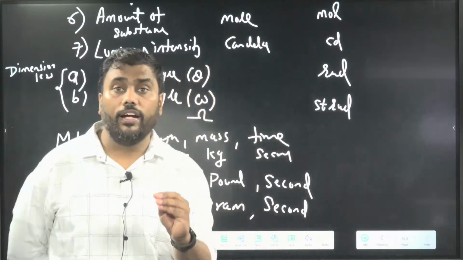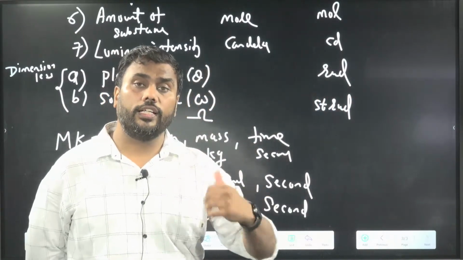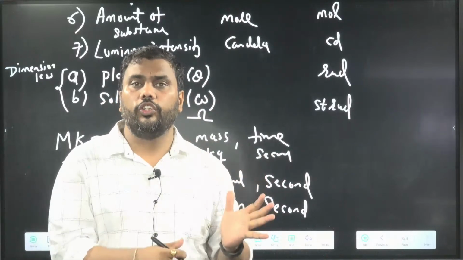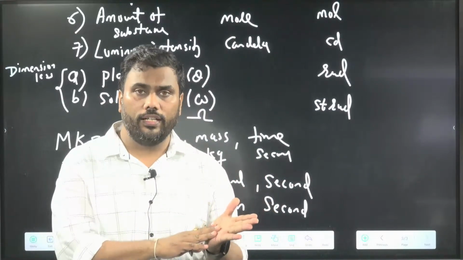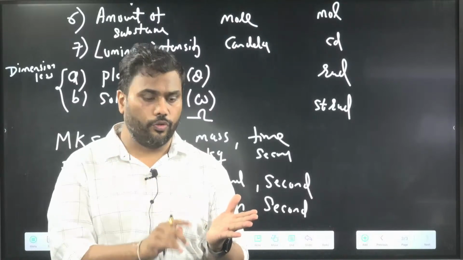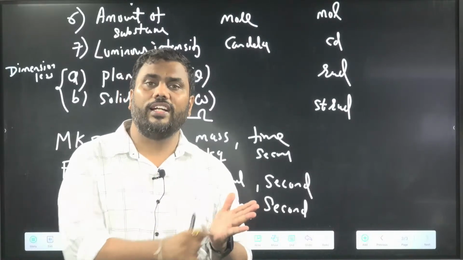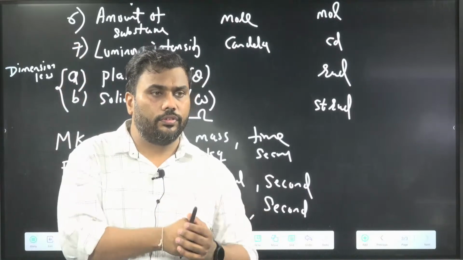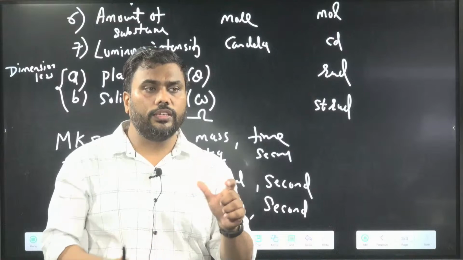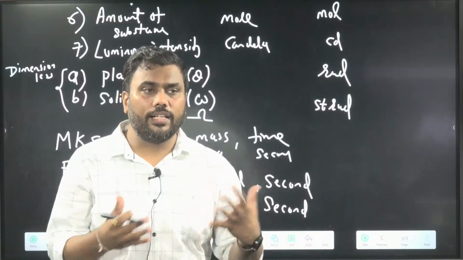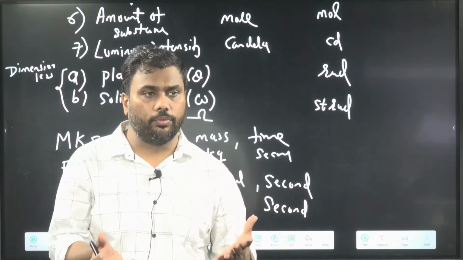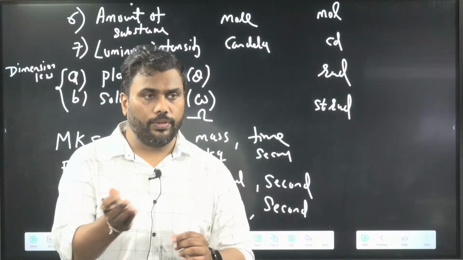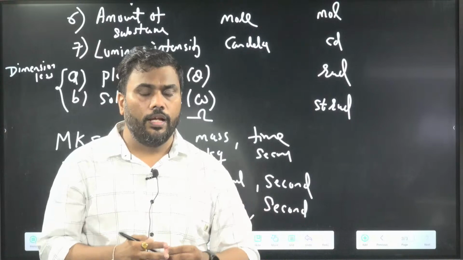We have defined units of other physical quantities in terms of the SI system. There is a table available within your gym book. The gym book is the module, the reading material which we are providing here. If you don't have it, please make arrangements for it.